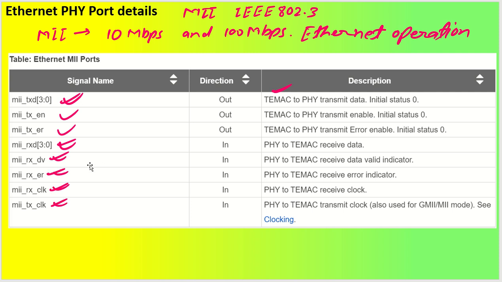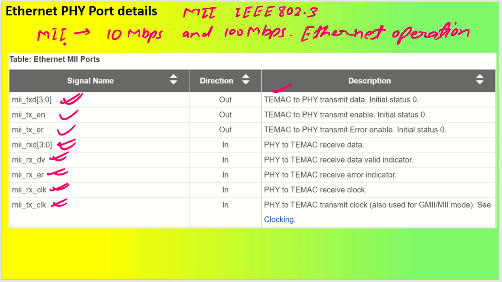So what we have to understand is that there are 4 bits for the transmit data lines and 4 bits for the receive data lines. Then we have transmit enable and transmit error. Similarly, we have receive data valid and receive error, and there are 2 clocks: receive clock and transmit clock. This is the overall Ethernet port details for your MII interface.